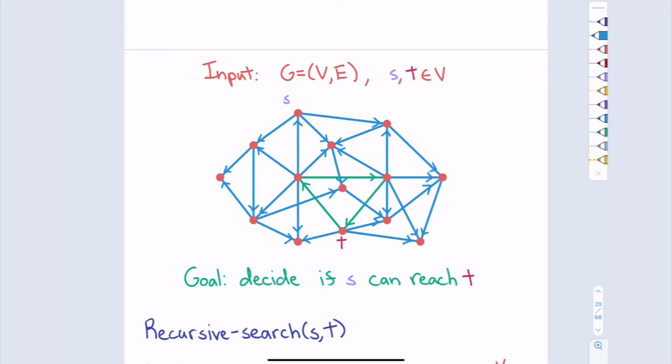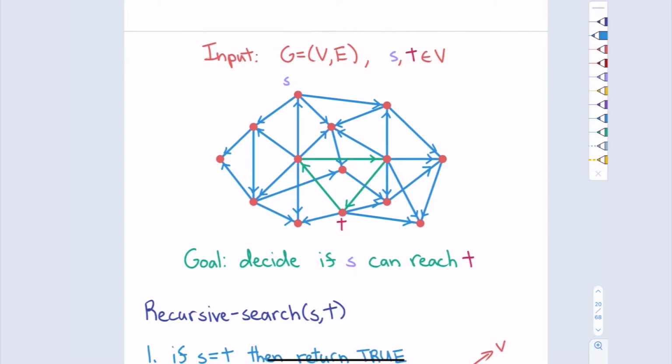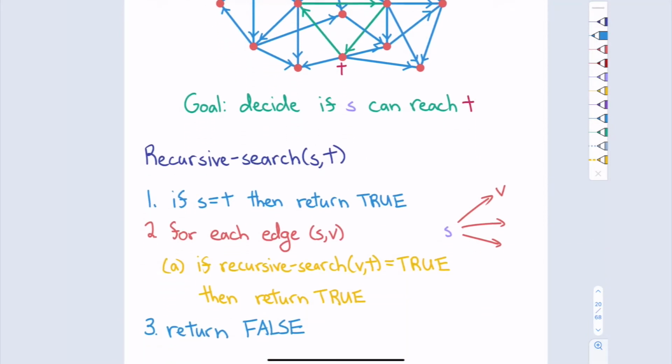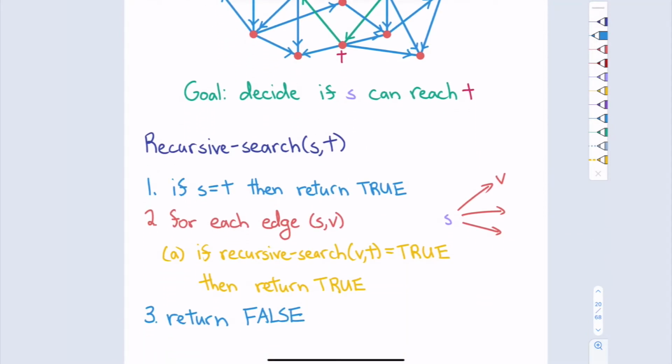The generic version might be: give you a graph, give you two vertices, and ask if point A can reach point B. Here might be a natural recursive approach. Recursively, I want to figure out if point S can reach point T. If S is equal to T, then of course, yes, I can.